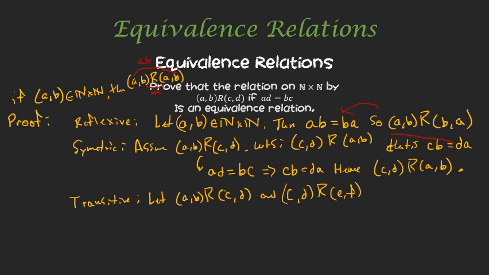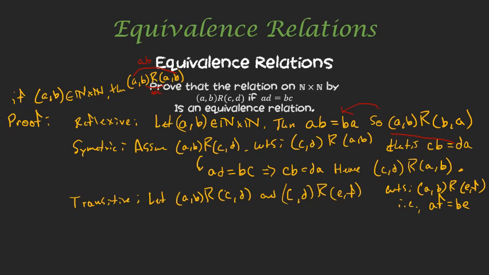We want to show that AB is related to EF. That is, we want to show that AF is equal to BE. That's what we'd like to show. If we can conclude AF is equal to BE, then we'll have shown AB is related to EF.